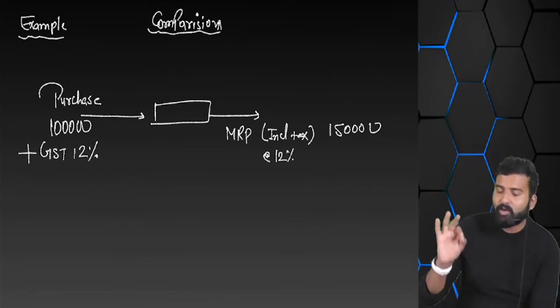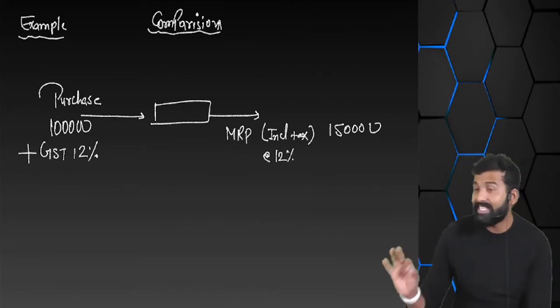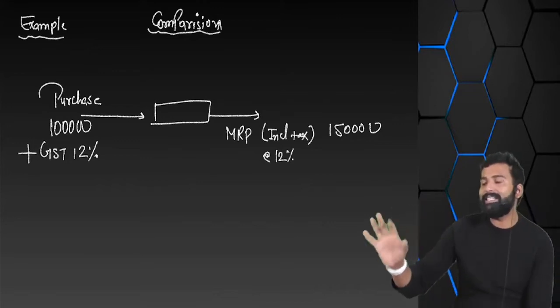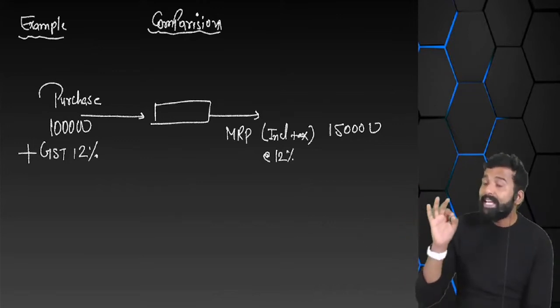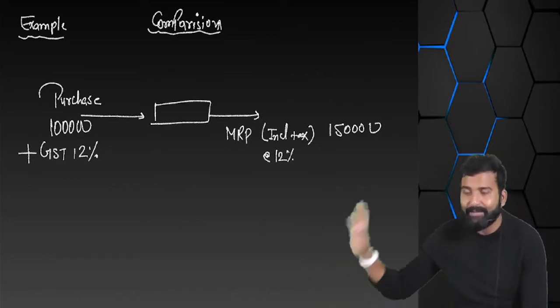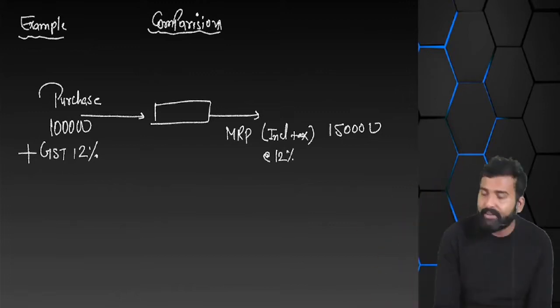He will sell the goods for rupees 150. A consumer does not think whether he is a regular taxpayer or composition dealer. What matters to the consumer is only the price. If the price is 150, then it is the same, that we are assuming here.